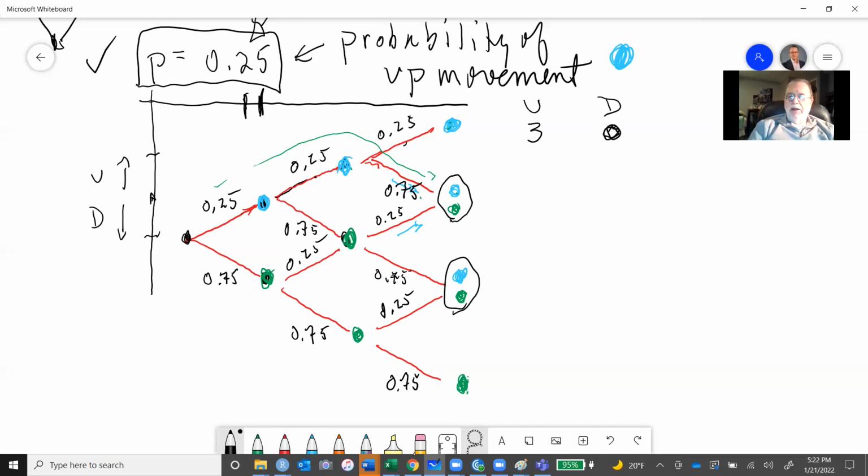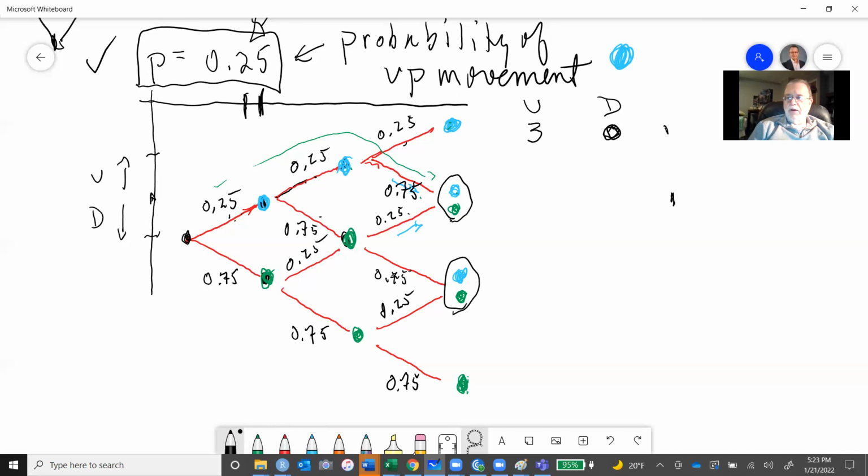And for the next one, it's 1 up, 2 up, 1 down. Well, that's one path. Just put a hash mark here. Oh, we can also get there a couple of other ways. We can go 1 up, 1 down, 1 up.